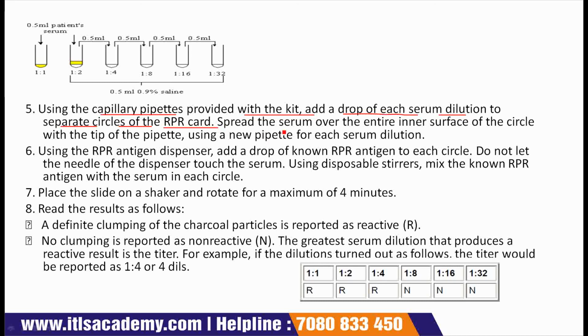Spread the serum over the entire inner surface of the circle with the tip of the pipette, using a new pipette for each serum dilution. Remember, there is no second use of the first pipette. Every time for the dilution there is use of a new pipette. Use of the same pipette is strictly prohibited.